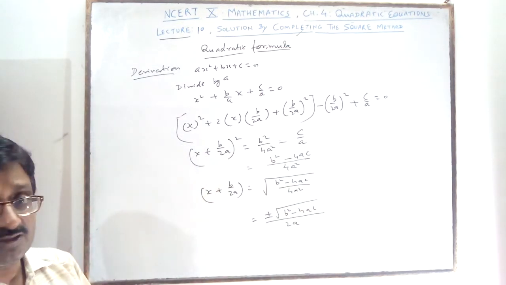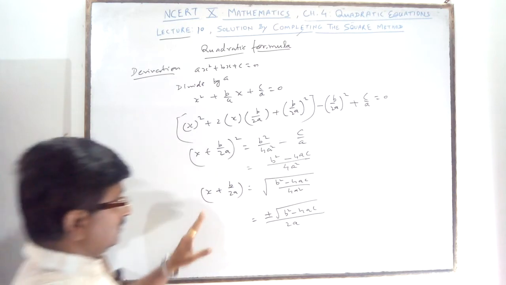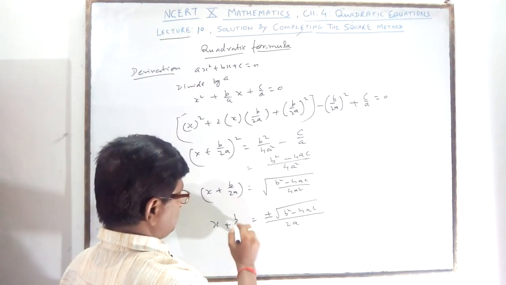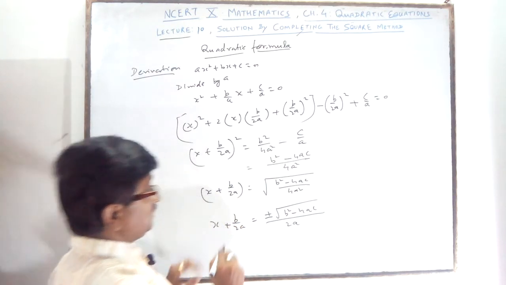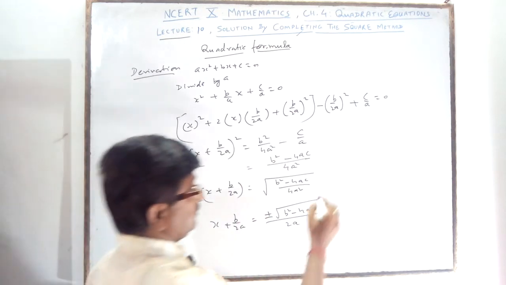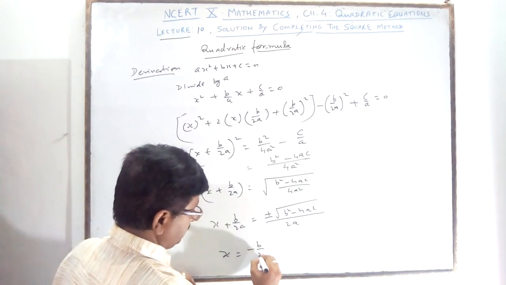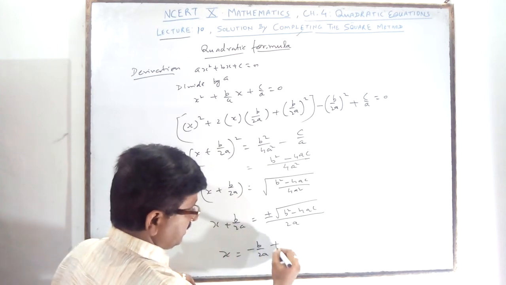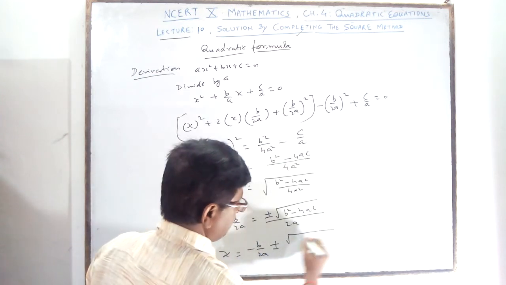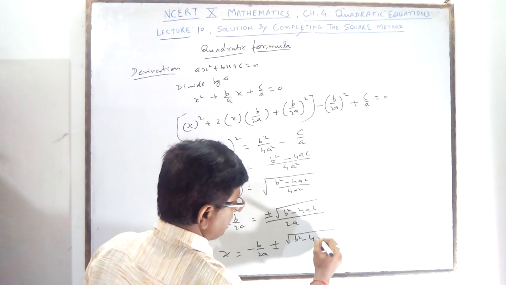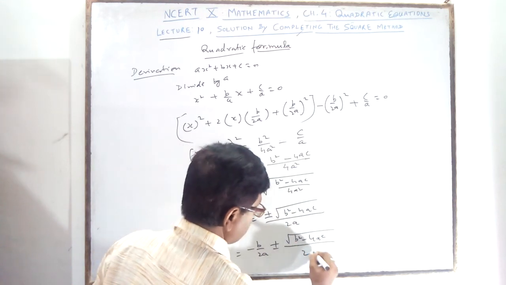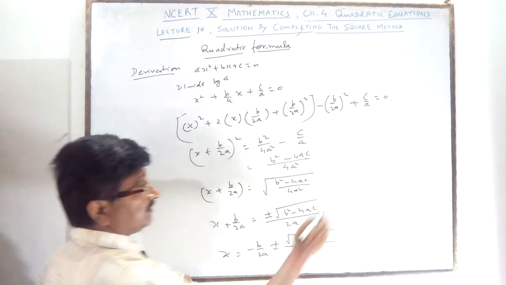You will get this, or not? Now see, it is x plus b by 2a. By the completing square method, transpose to that side. So you will get x is equal to minus b by 2a plus minus under root b square minus 4ac, whole upon 2a. Both have the same denominator.